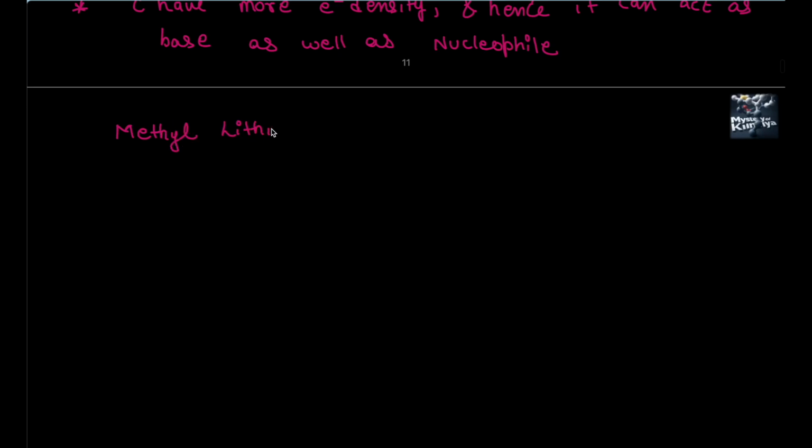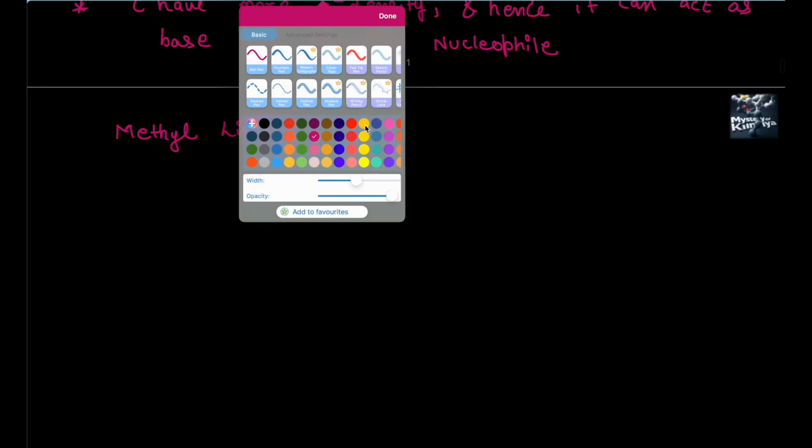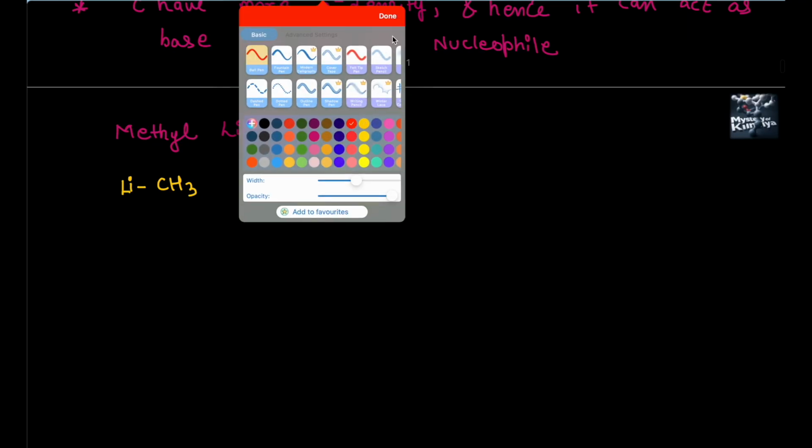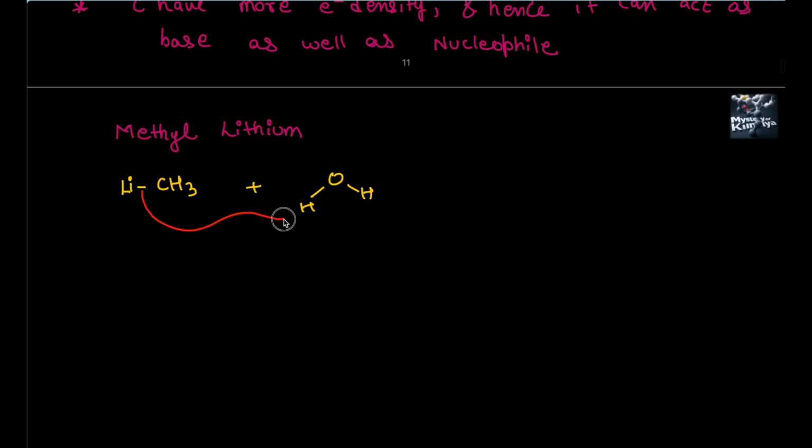Methyl lithium is just lithium with a CH3 bond. Because the carbon has more electron density, in the presence of water the methyl takes the acidic proton from water and releases the hydroxide ion, and methane gas is released. This is just an acid-base reaction.